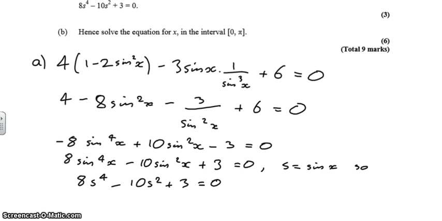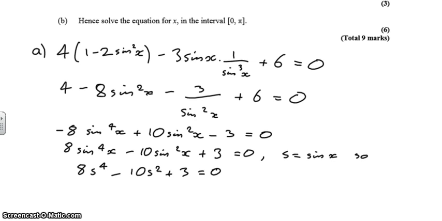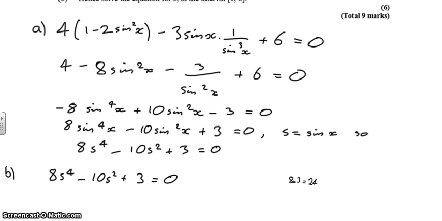Hence, that means we've got to use the answer to part A. Hence, solve the equation for x in the interval 0 to pi inclusive. So, first thing we do to solve this equation, use the MAM method. 8 times 3 is 24.